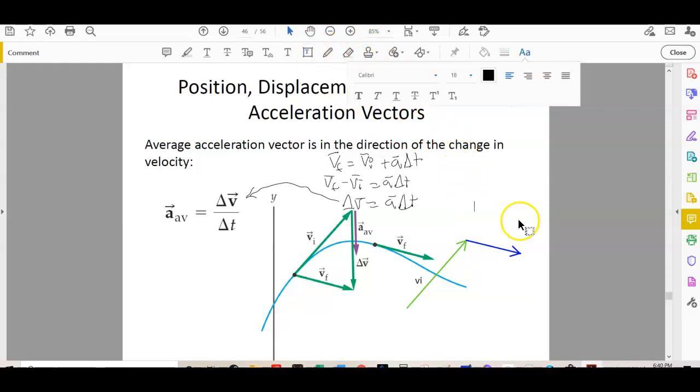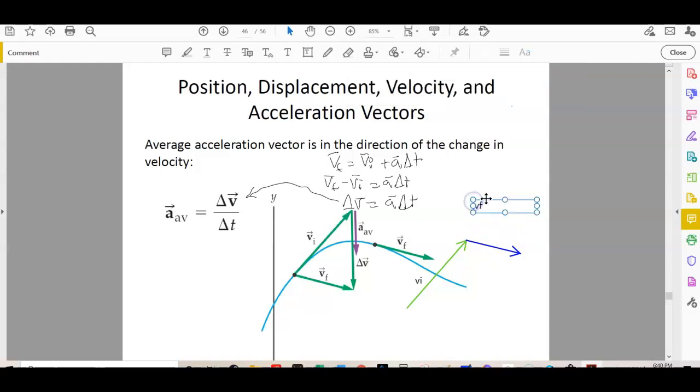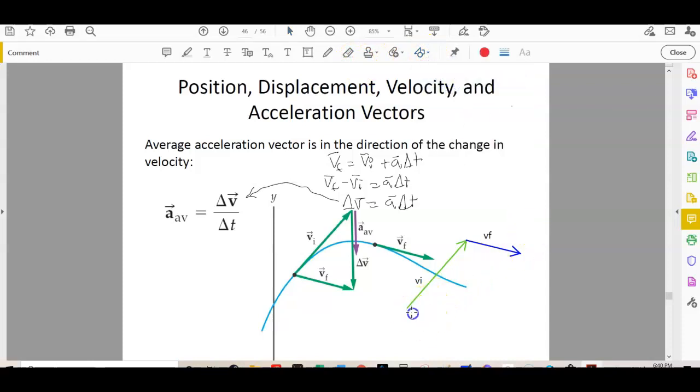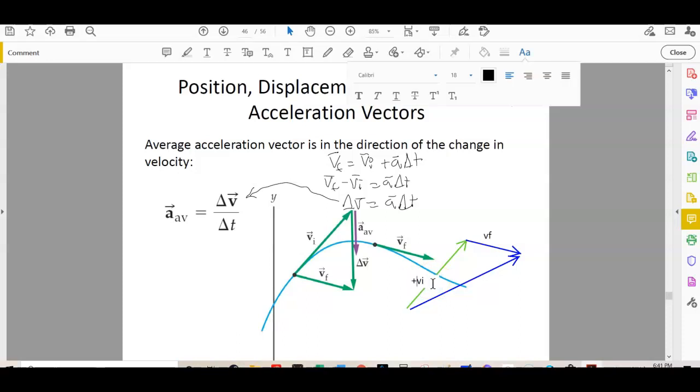Well, here's the problem with this. If you want to get the resultant of this, let me go ahead and draw that here. This is the positive initial velocity vector, right?